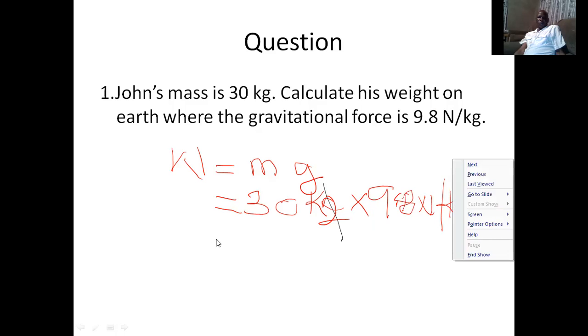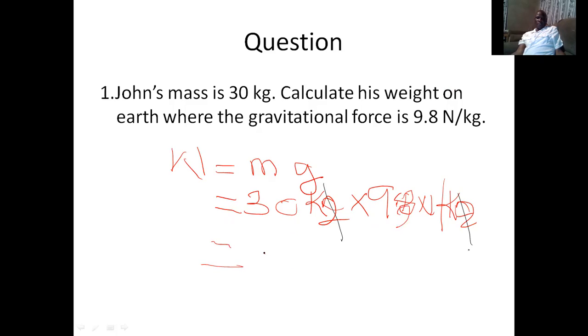And so we continue with our calculation. Weight is 8 multiplied by 9.8 newtons, which will give us 78.4 newtons. And so this is what we get.